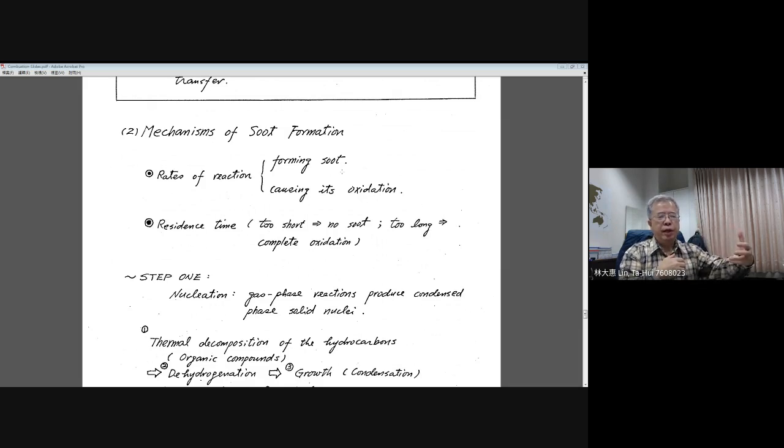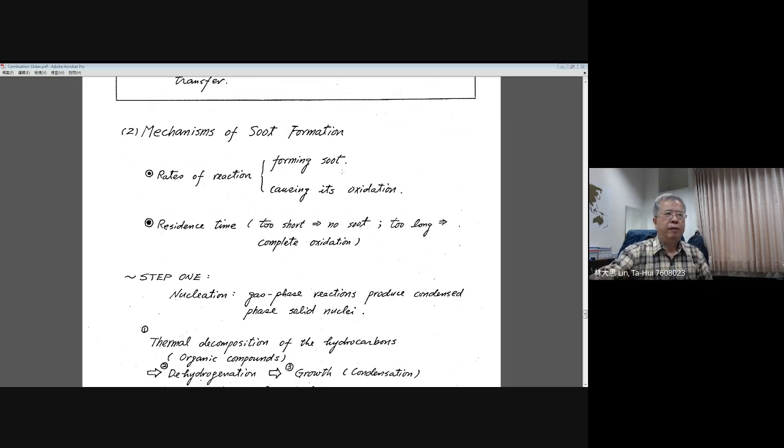This reaction rate will be compared with the oxidation rate, through the reactions of the oxygen coming from the air and also the carbon. These two reactions, they are competing.